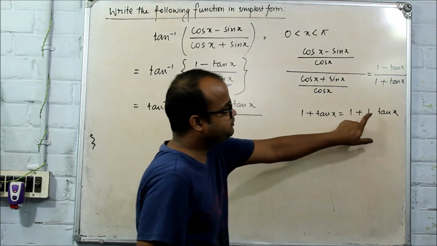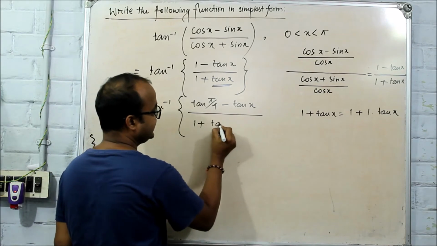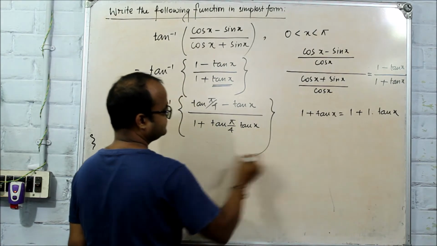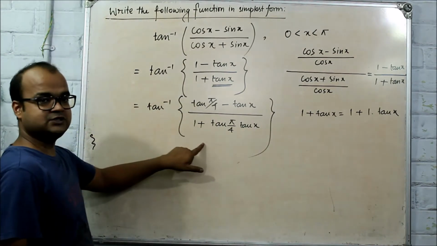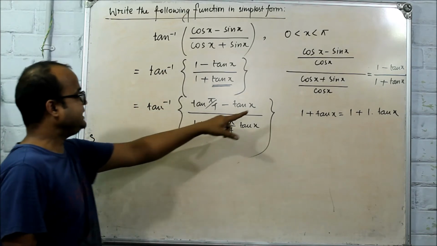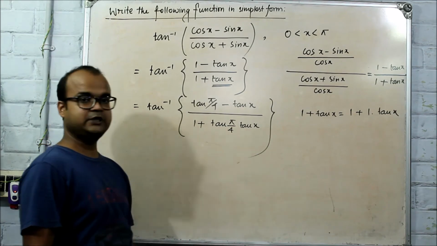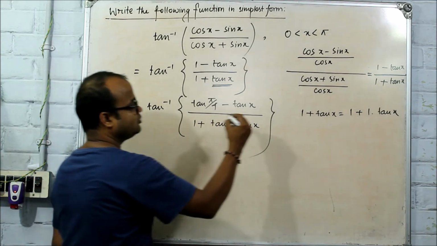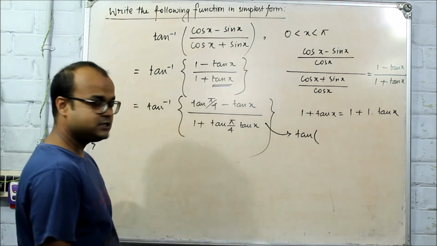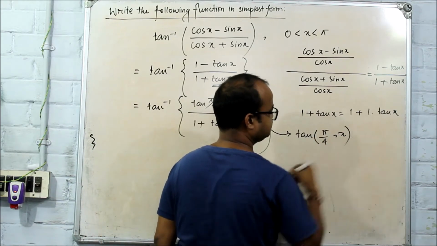So in this 1 we may write tan pi by 4, so 1 plus tan pi by 4 into tan x. We arrange this term as tan pi by 4 minus tan x over 1 plus tan pi by 4 into tan x, to get the formula of tan of a minus b, that is pi by 4 minus x.